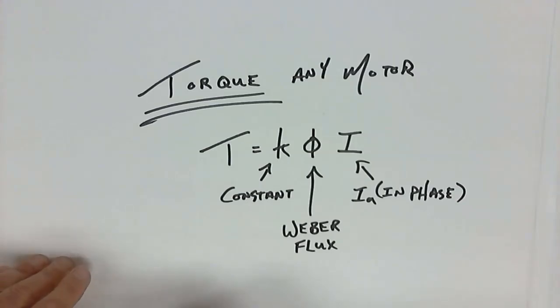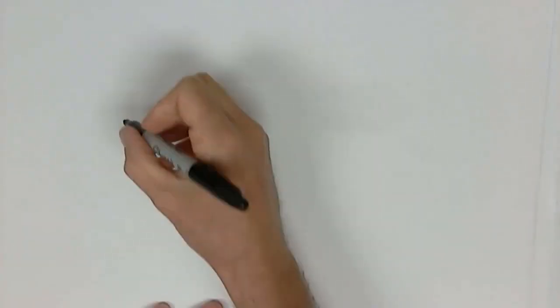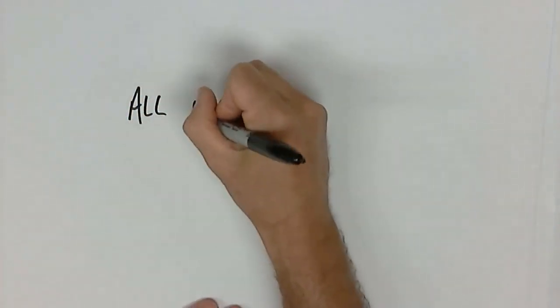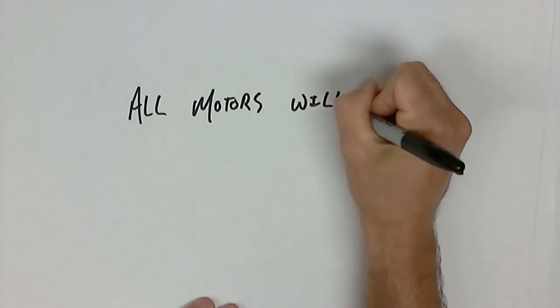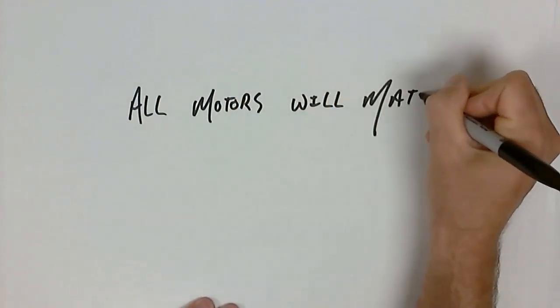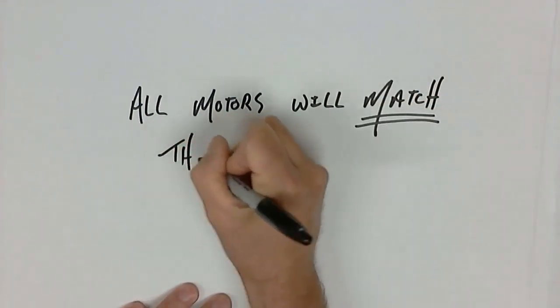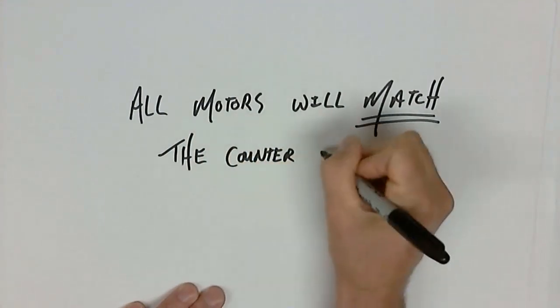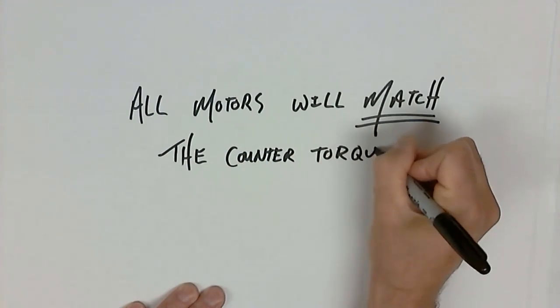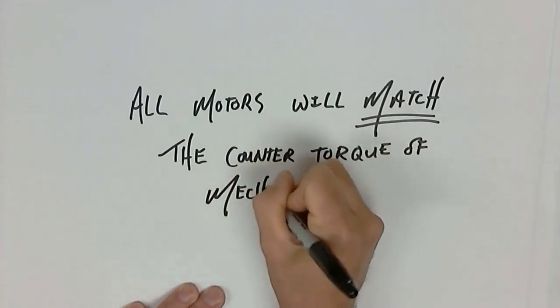Now, any motor will attempt to match the torque of the load. So all motors will match, or they will attempt to match, the counter torque of the load. And that's of the mechanical load, right?